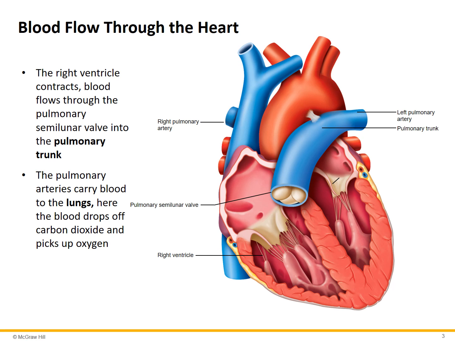This is going to shut the right AV valve, and right ventricular contraction is going to force open the pulmonary semilunar valve, and then the blood is going to enter into the pulmonary trunk, which branches into a right and left pulmonary artery, and the blood is carried to the lungs, and here carbon dioxide is released and oxygen is picked up.